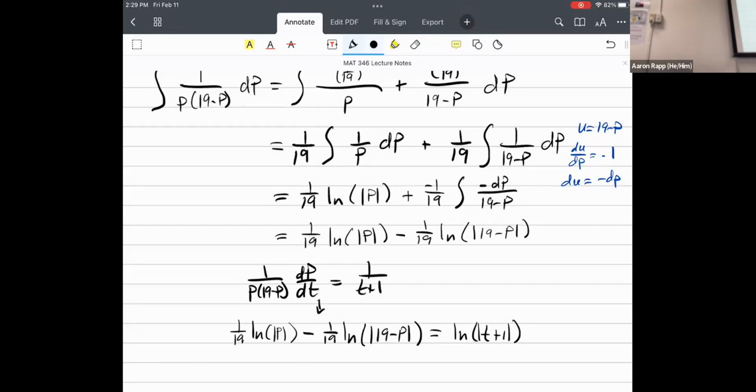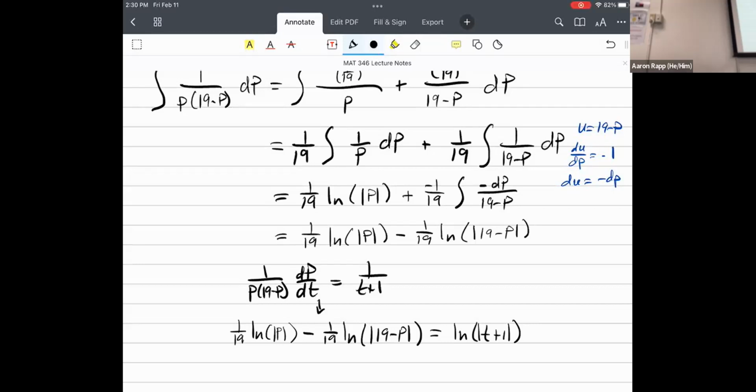All right. My goal is to solve for P, which means I'm going to need to be rewriting this equation. So I have to think about what can I do here. Well, I've got all these natural logs, and I'll probably want to get rid of the natural logs. So I'd want to raise everything to what?